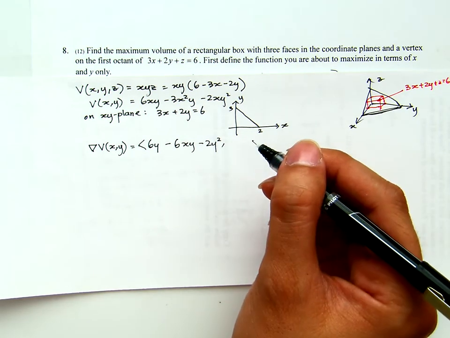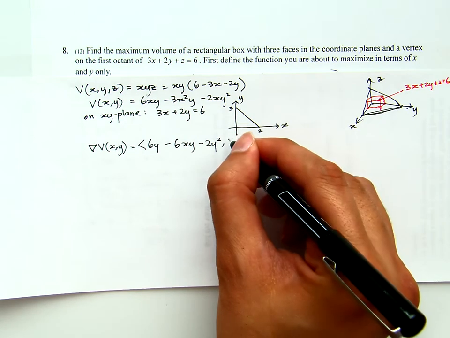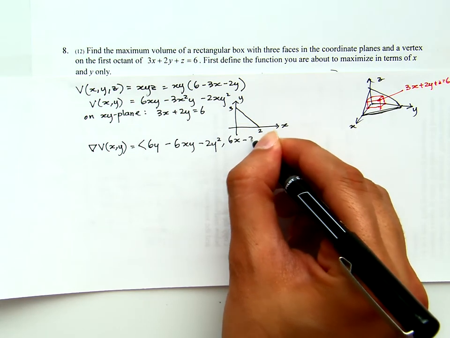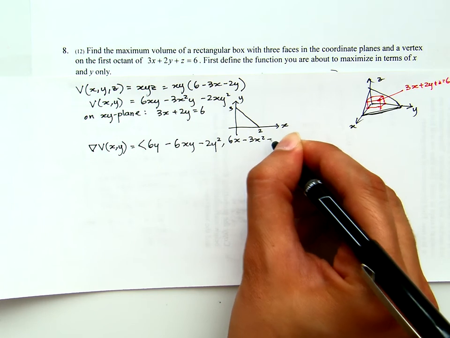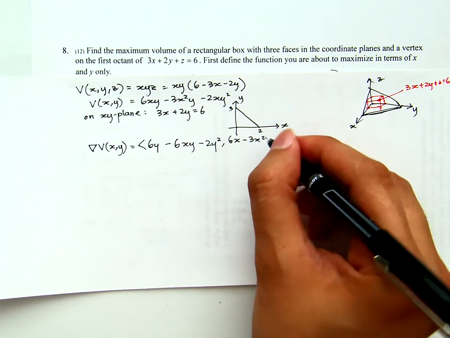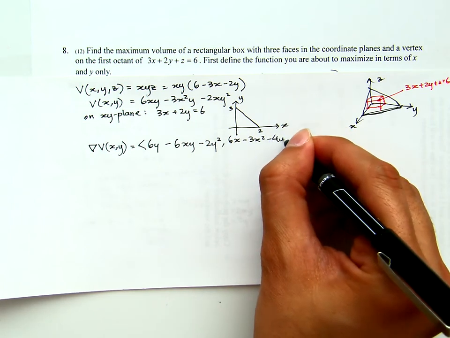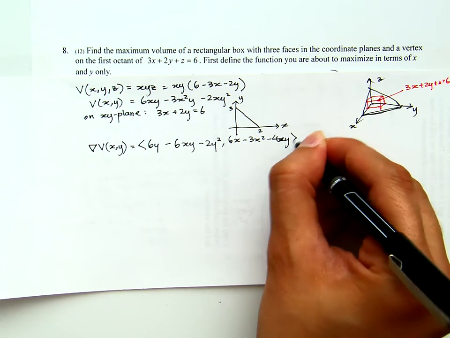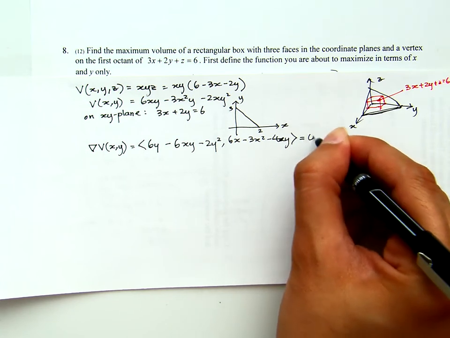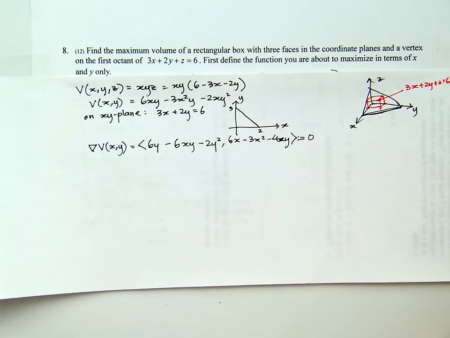And the second component, when you do the partial with respect to y, will be 6x minus 3x squared minus 4xy. Now we need to set this gradient to be 0, when it is maximized.